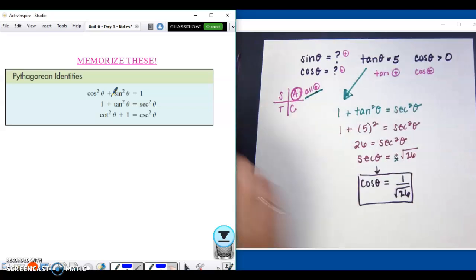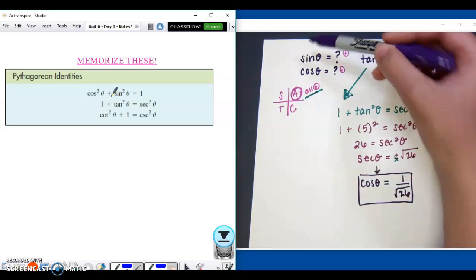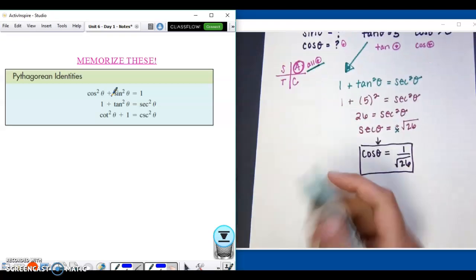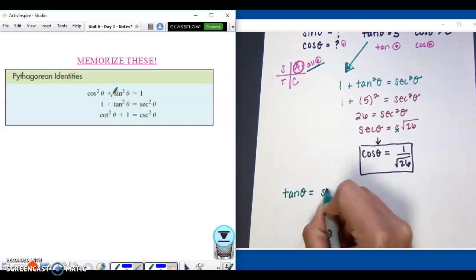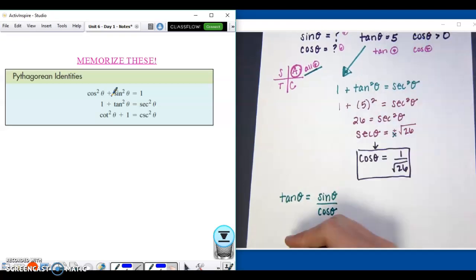The other trig function that we want to figure out is sine. Okay, so because we know tangent and we know cosine and we need sine, there are other formulas that you can use, but the easiest one is that tangent theta is equal to sine theta over cosine theta. So we know that tangent is 5. We're trying to find sine theta, and we know cosine theta is 1 over the square root of 26.